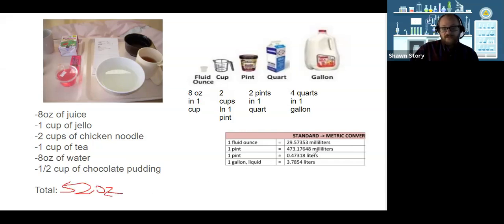Now we have to convert it to milliliters. Go ahead and try it on your own. Tell me how many milliliters is 52 ounces. Remember, you can use an online converter or you can do cross multiplication. I'll give you a minute. Go ahead and give me a thumbs up when you're ready.